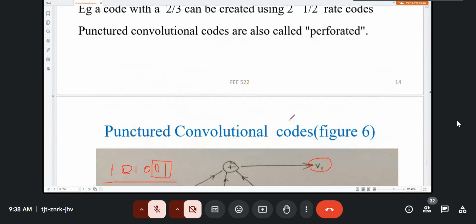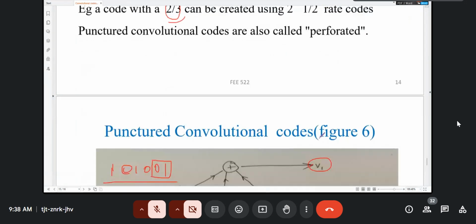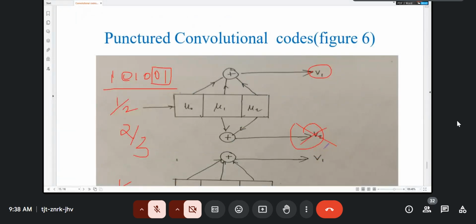The most important concept to know is that instead of doing 2 by 3, which is more complex, you use 2 codes of rate 1 by 2. This punctured code we also call a perforated code. So if you left out this, that is a 2 by 3 perforated code.